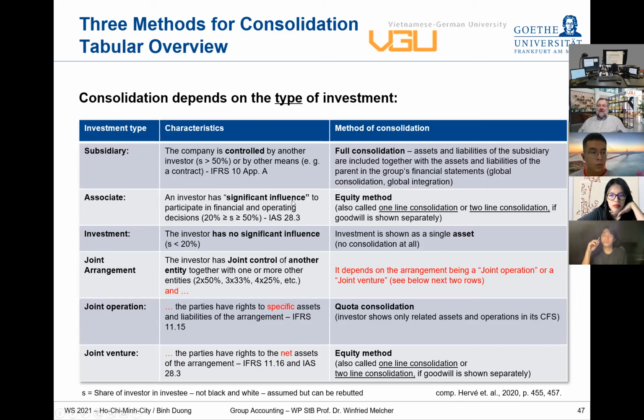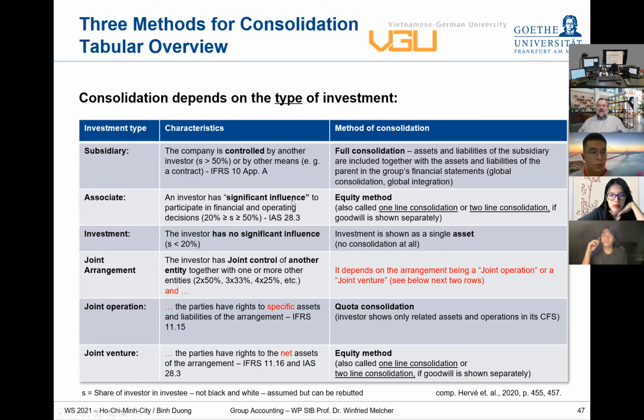And when it is a joint arrangement, well, it depends on whether it is a joint operation or a joint venture. In the joint operation case, we have a quota consolidation because the pipeline is operated by one operator and the power plant is operated by the other one.